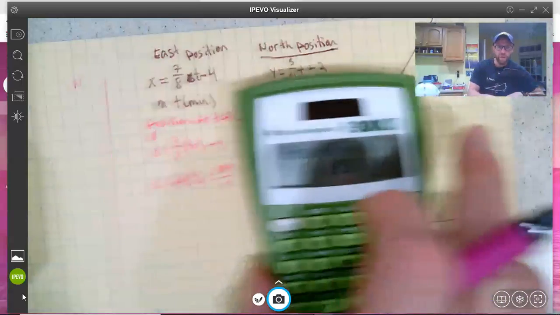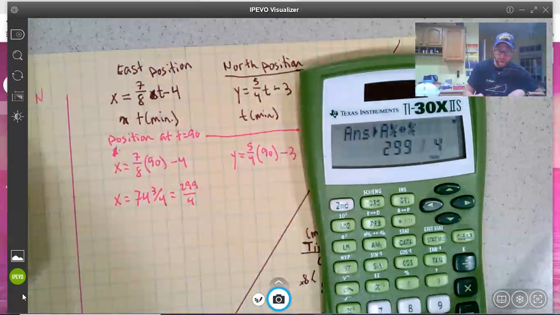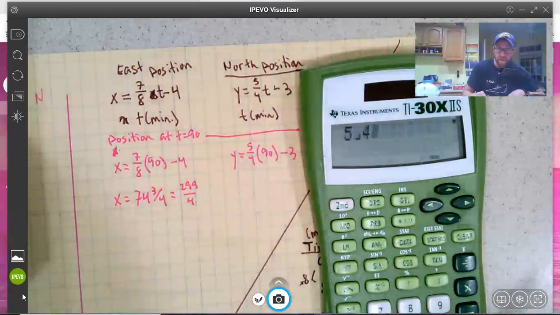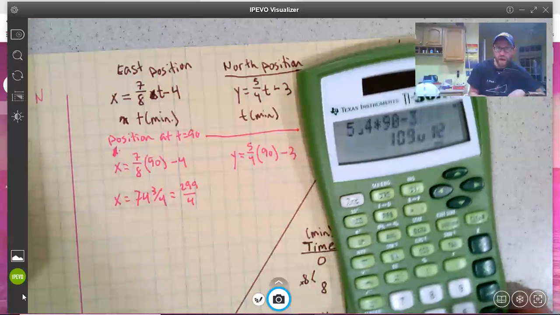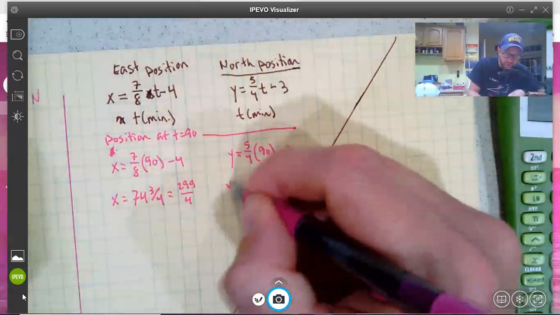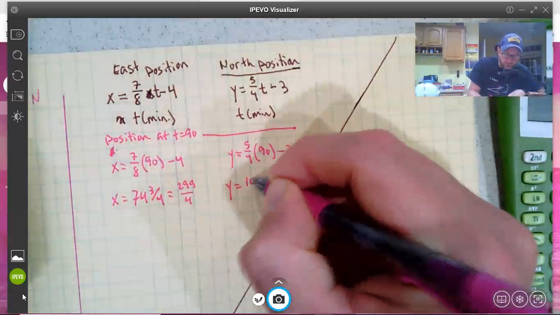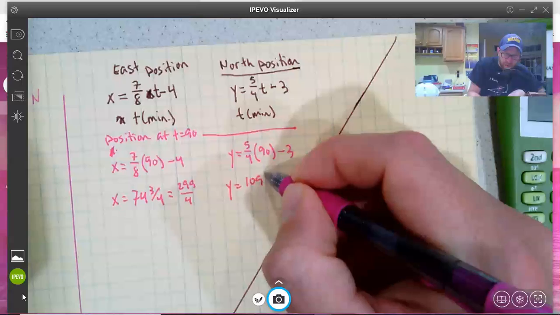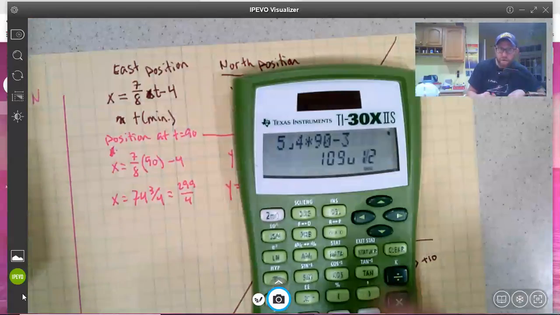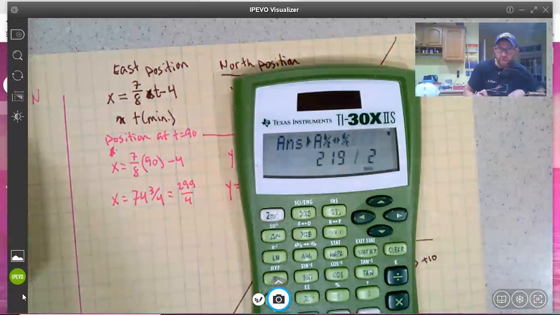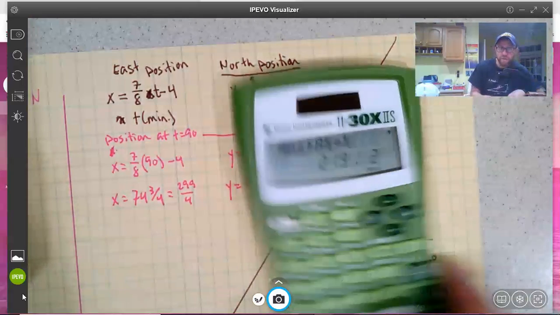Okay, so the second one, we'd have 5 ABC 4 times 90 minutes minus 3 gives us 109.5. Y is 109.5, which I'll also turn into a mixed number or improper fraction, 219/2.